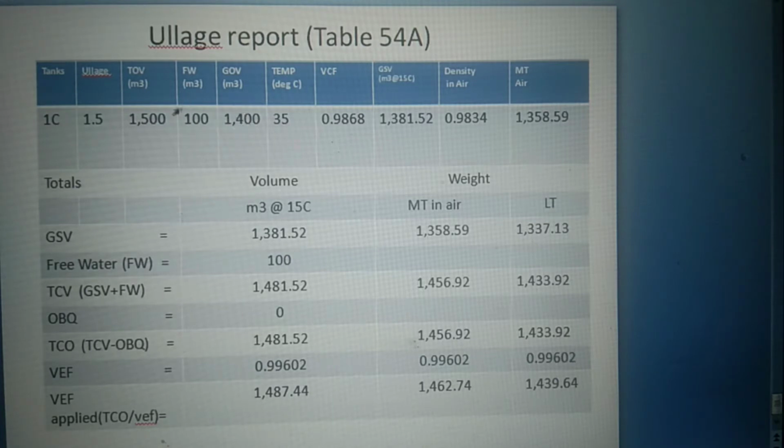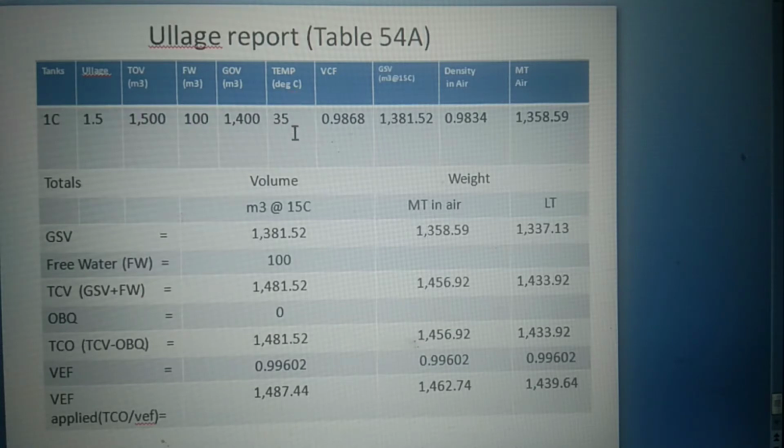So TOV minus free water equals GOV. As you can see in this column, we have GOV 1400 cubic meters, because 1500 minus 100 cubic meters equals 1400 cubic meters.